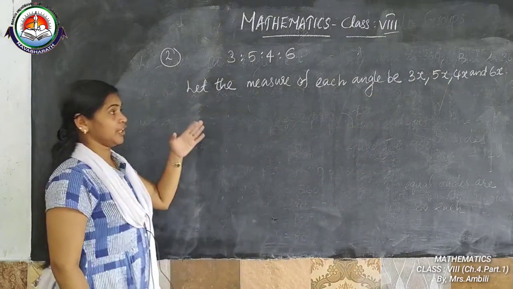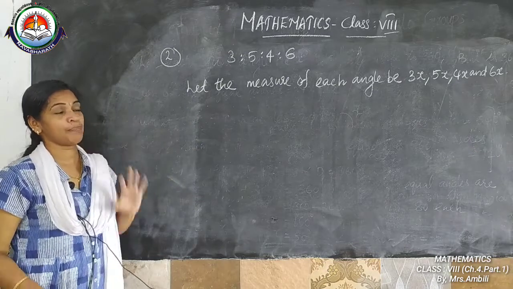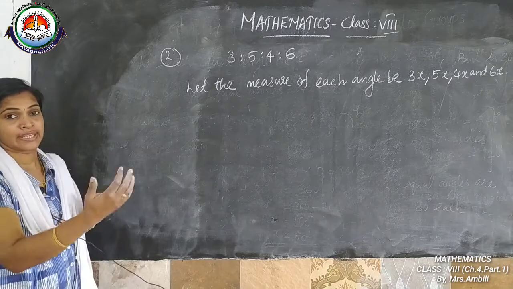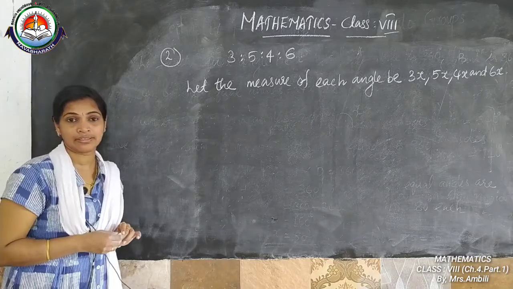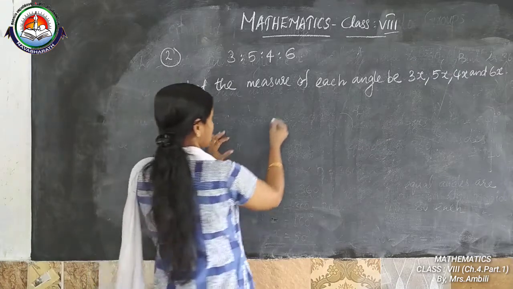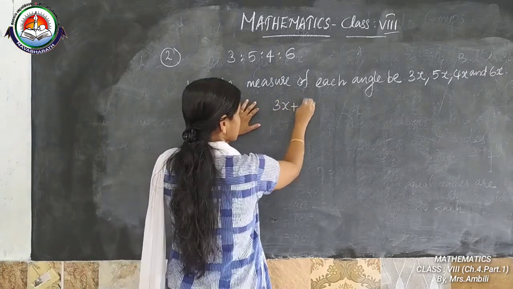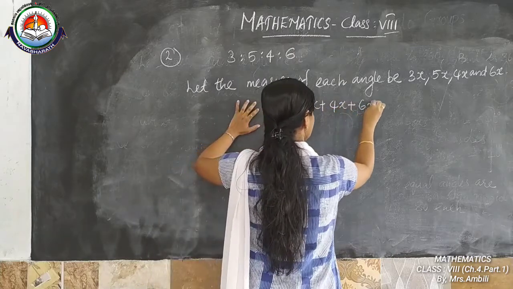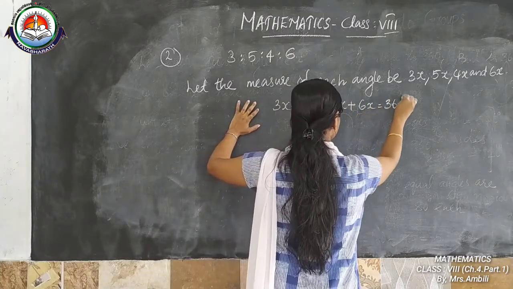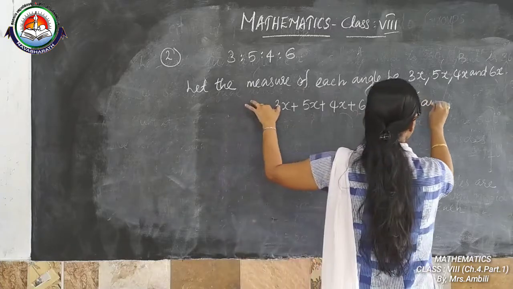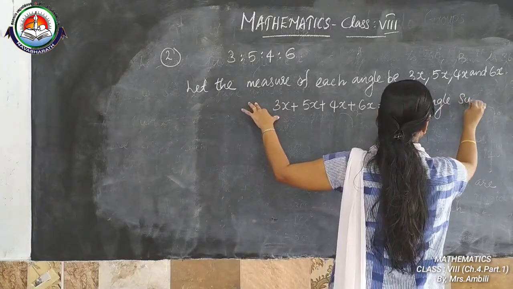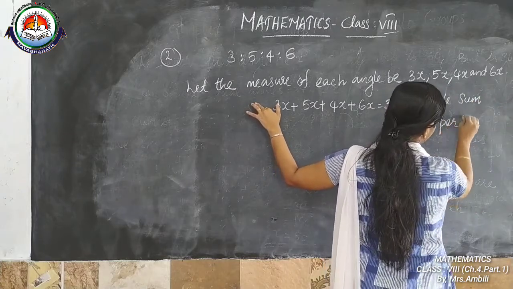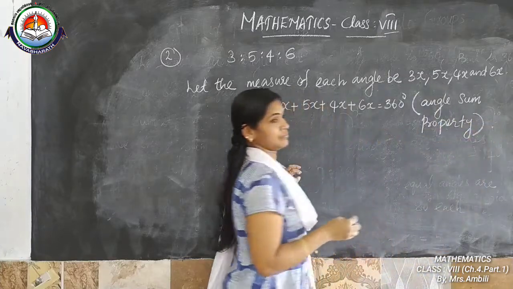Okay, and we know the angle sum property of a quadrilateral. What is the angle sum property of a quadrilateral? The sum of the interior angles of a quadrilateral is 360 degrees. By using that we can write 3x plus 5x plus 4x plus 6x equals 360 degrees. Write in brackets: angle sum property of a quadrilateral.